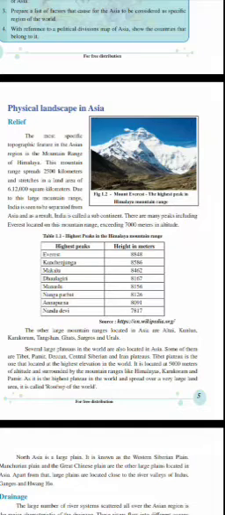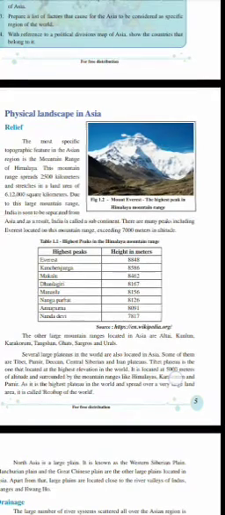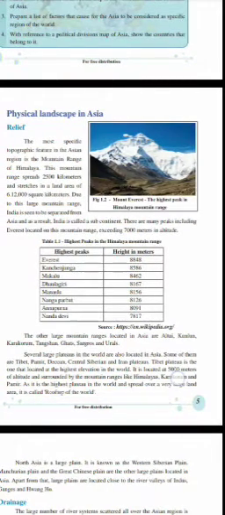The most specific topographic feature in the Asian region is the Himalayan mountain range. This mountain range spreads 2,500 kilometers and stretches over a land area of 612 thousand square kilometers.